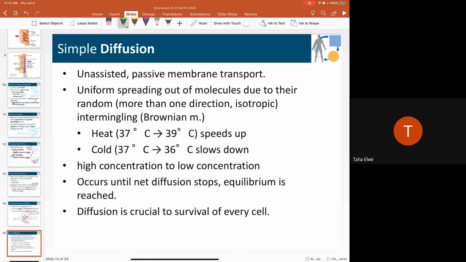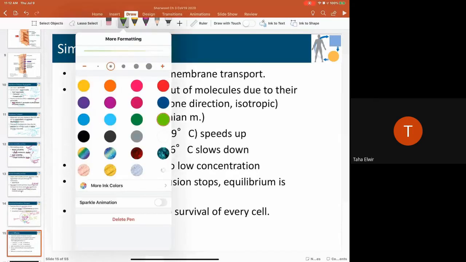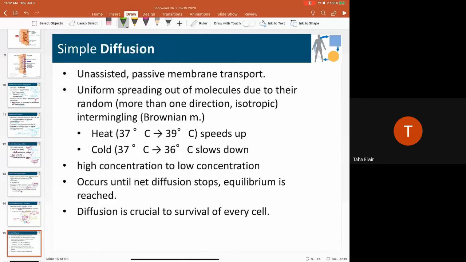If you heat the solution up, then the molecules bounce around faster. So it speeds up. If you cool it down, then that slows the motion of the molecules down.